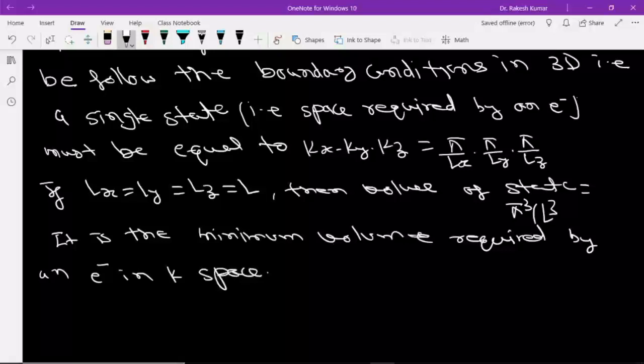Meaning here is that if we want the number of energy states, then we have to know what is the minimum energy state required for an electron.